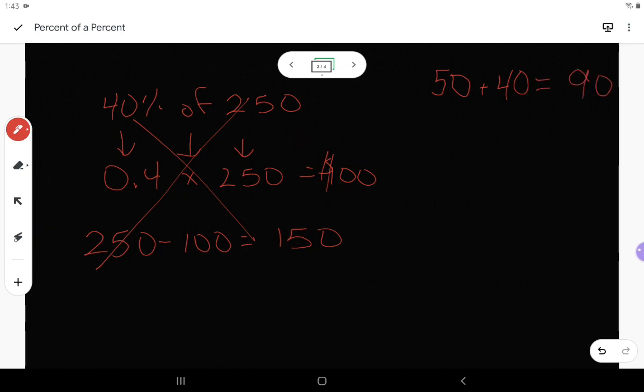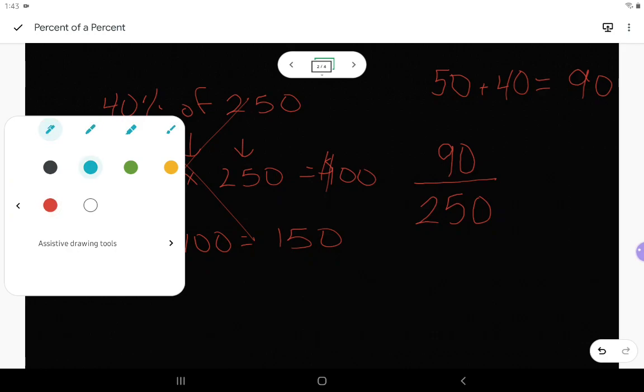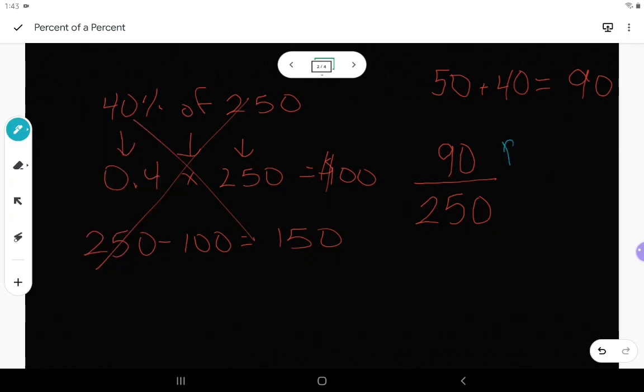So if I wanted to know what is the single percent deduction, you might be asked about that in some of your questions, we removed $90 out of our total $250. Okay, so we had $90 removed or discounted, and the total was $250 to start with.